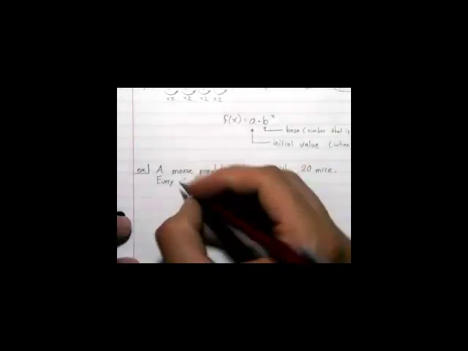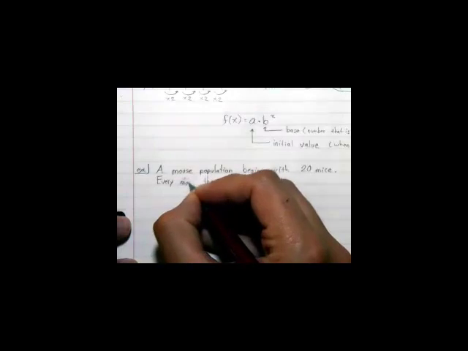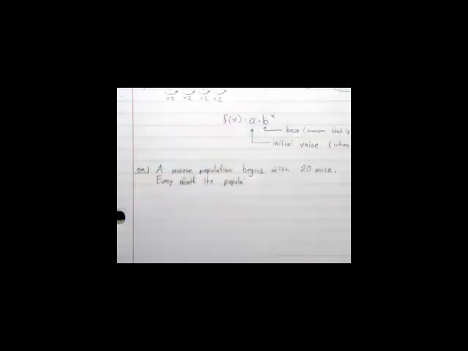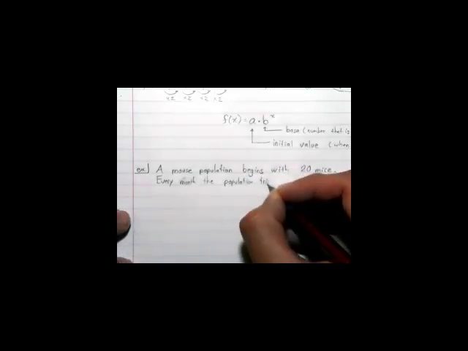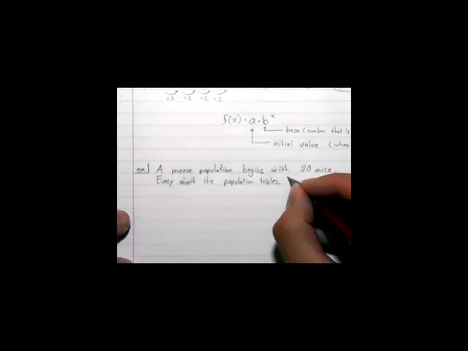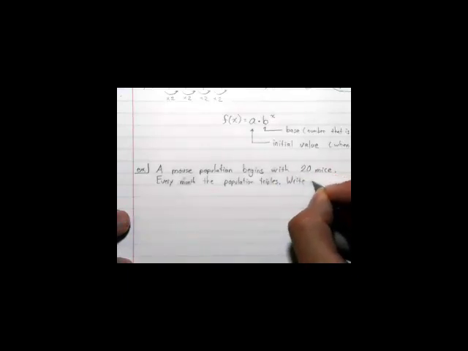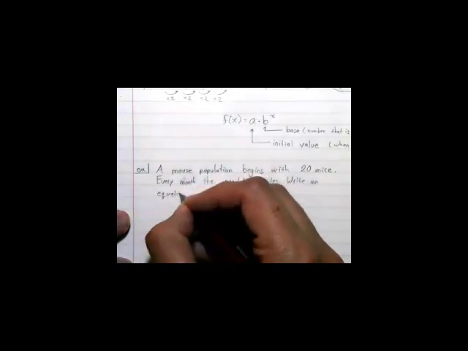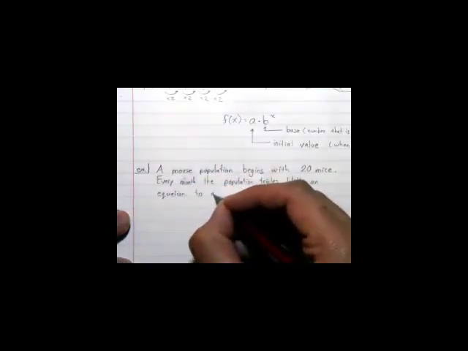Probably shouldn't do every day, that's not realistic. Let's say about every month? Sorry, I just want to make this at least seem a little realistic. So every month, let's say the population triples. So write an equation to model the population.